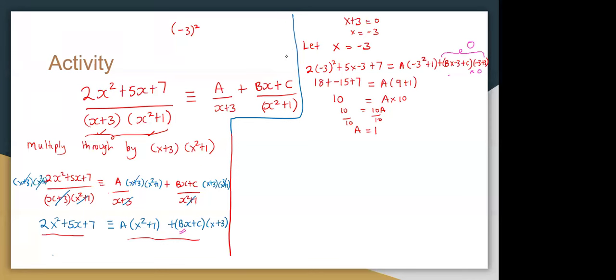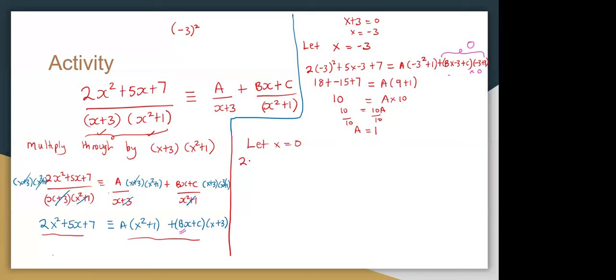Or what should our X be equaling to? Put your answer in the chat what you think. Perfect. You people are very, very bright. Yes, that is very, very correct. So we shall say, let X equal to 0, such that we eliminate the B.